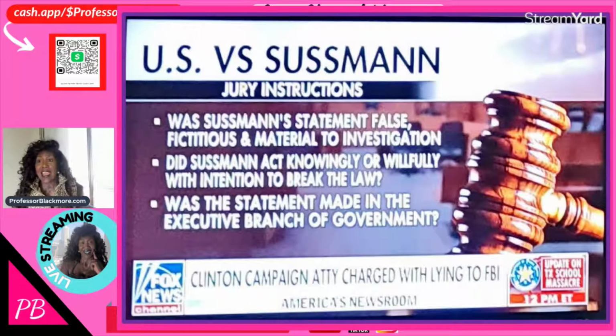Okay, and so what I have here is, was Sussmann's statement false, fictitious, and material to the investigation? Well, okay, that leads me to ask, what statement are we talking about? What is the evidence that we have about this statement?